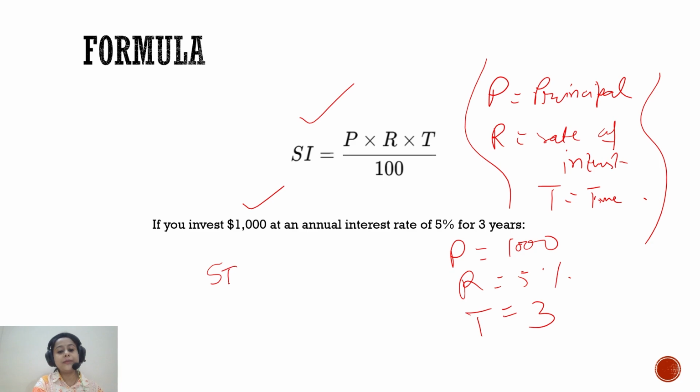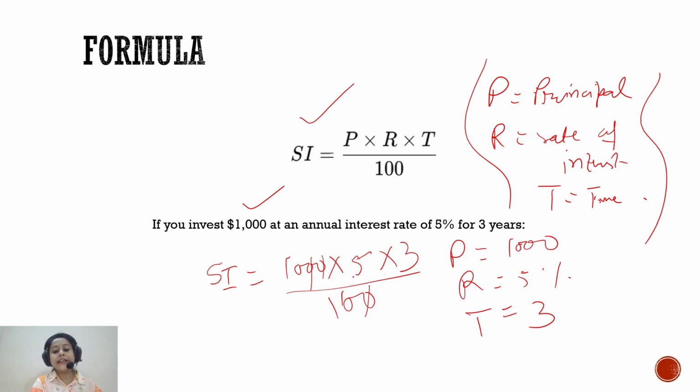Simple interest will be P, that is 1000, into R, 5, into T, 3, by 100. The zeros will cancel out. Then 5 into 3 is 15, into 10 is 150. So the total simple interest earned on your principal amount is 150. This is how we calculate simple interest.